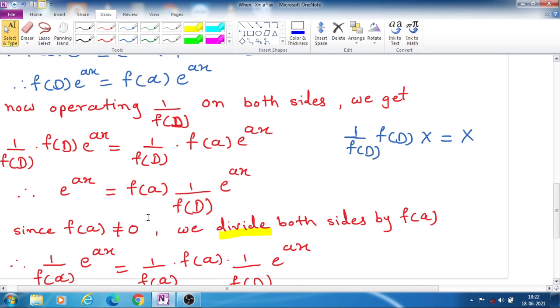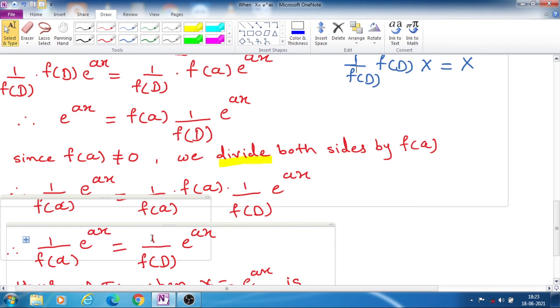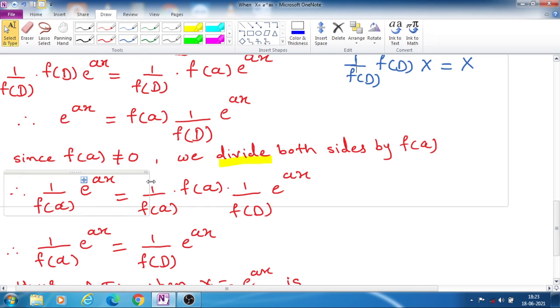So we only have to eliminate this f(a). For that, f(a) is a constant, it is not an operator. So we can divide this equation on both sides by f(a). Also the value of f(a) is not equal to 0 because we cannot divide by 0. So f(a) here is not 0, so we can divide both sides by f(a).